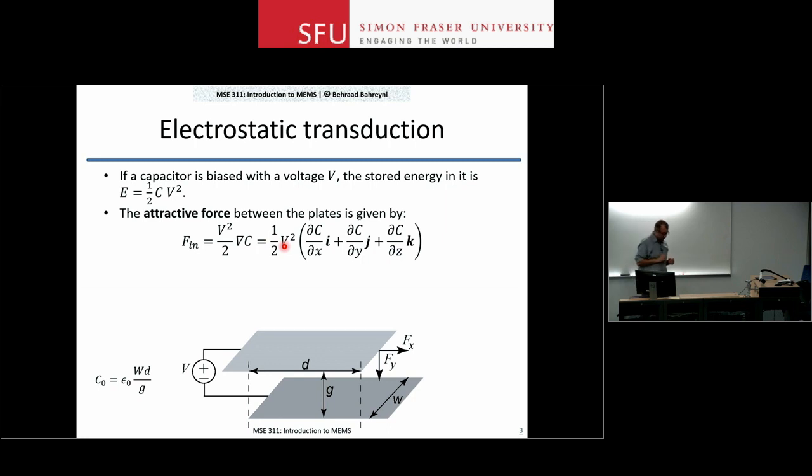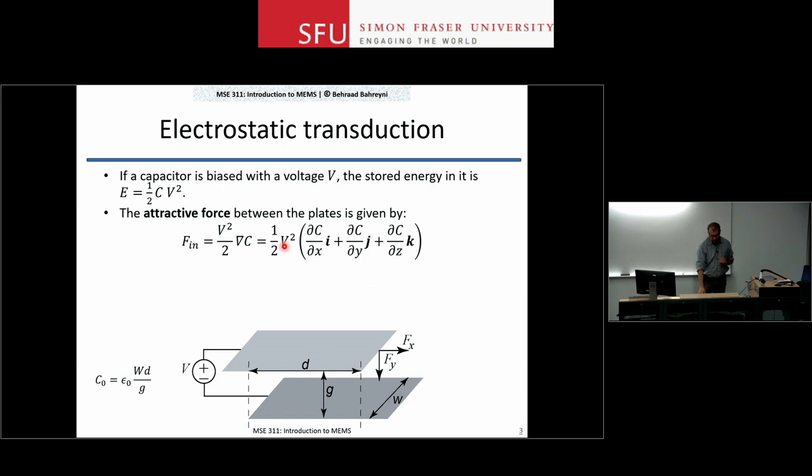The formula shown here is for a more general situation. So that's how you can produce a force. You apply a voltage, you look at the dC over dx, or dy or dz, or a combination of them, and you can calculate the amount of force that is produced for that given voltage.